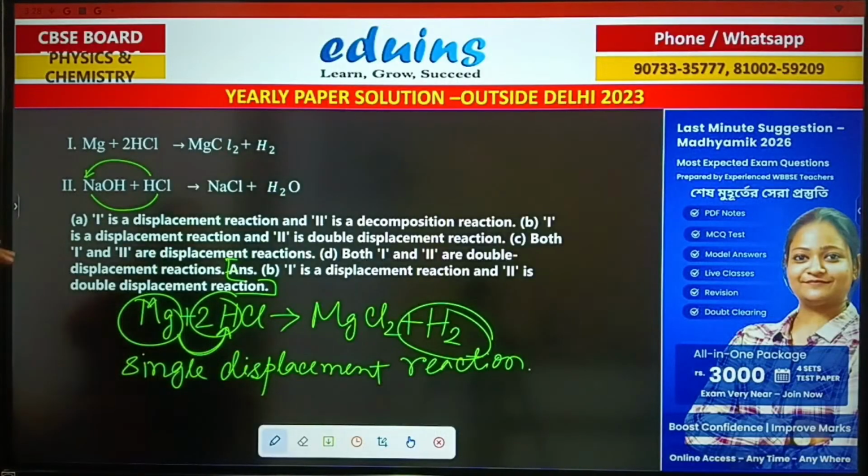So there occur two displacements, one for sodium and one for hydrogen. So this is a pure example of a double displacement reaction. So we can tell that reaction one is the single displacement reaction and reaction number two is the double displacement.